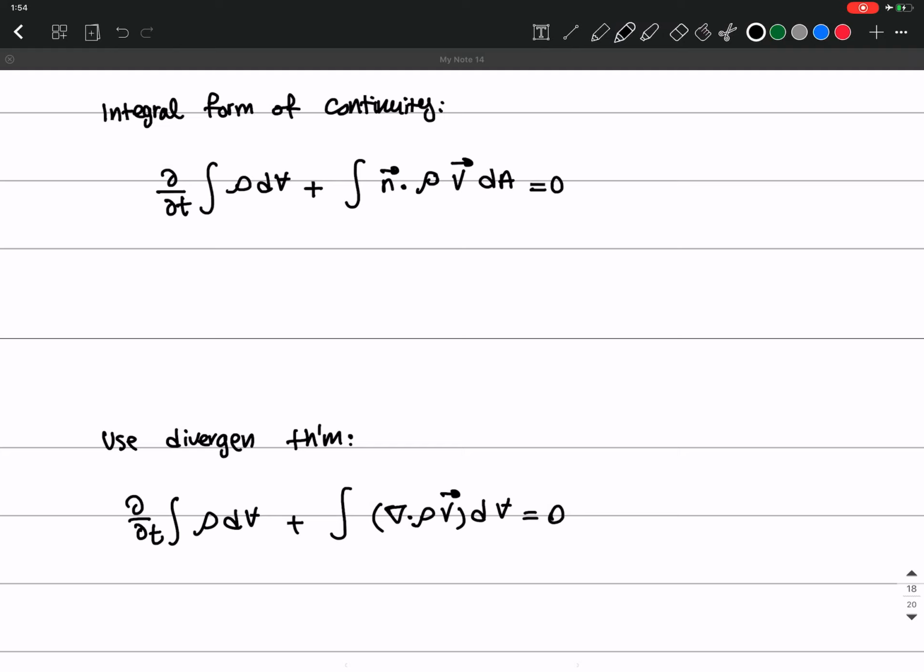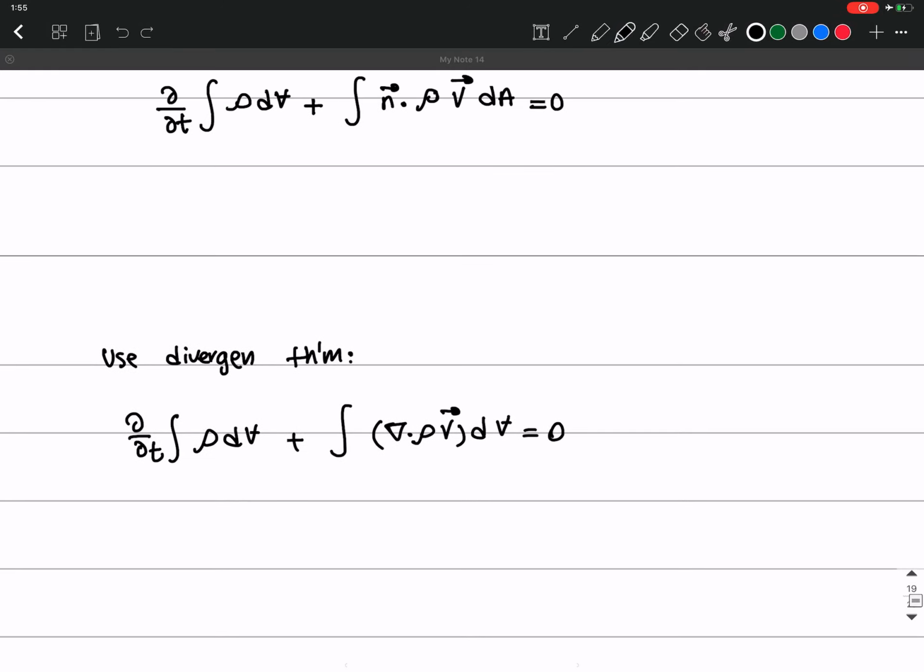Okay, so since dv is fixed, the only thing in this equation that varies is rho. So I can just write this as the integral of rho. I can take the partial over partial t inside the integral and just write it as this.